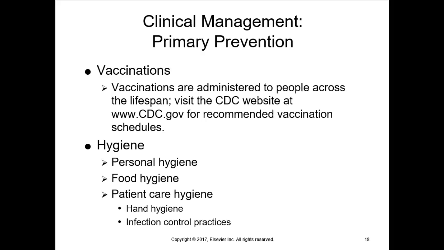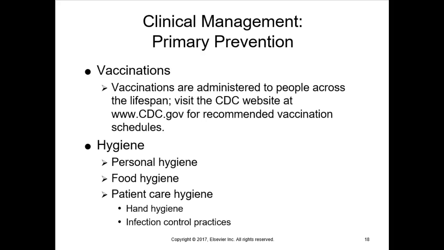You want to think across the lifespan about what vaccinations individuals need at certain times of their life, such as infants, young children and toddlers, kindergarten age, then school age, starting college, and then you move into the elderly. So make sure to look at the CDC website. We'll go over that in class, so make sure you look at the recommendations for vaccinations.